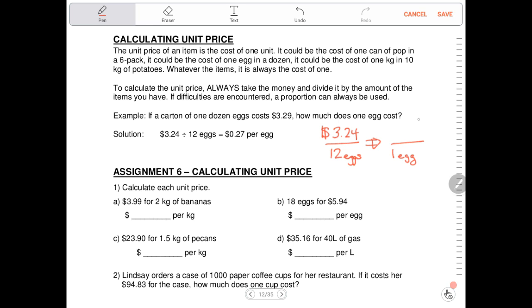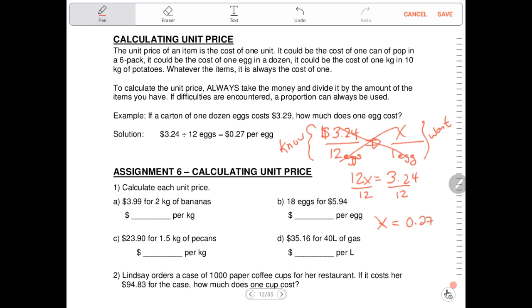So this is what I know, and this is what I want. This is repetitive from the last lesson. You'd put your x right there, and cross multiply and divide. So 12 times x is 12x, and 3.24 times 1 is 324. You would divide both sides by the number in front of x, which is 12.